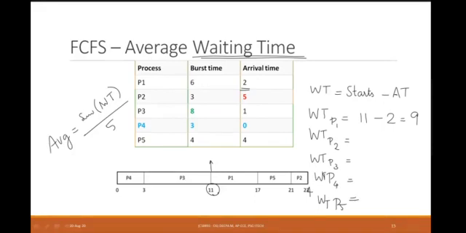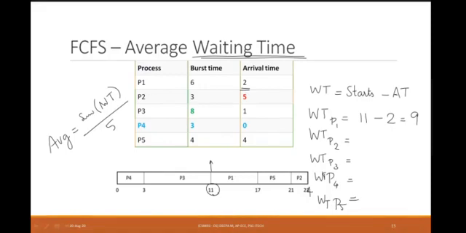Waiting time for P3. Sanjay. Yes, fast. What is waiting time for P2? You can type in. The person whom I called is not there. Please type in. Sanjay, it's 2-4. Okay, what is for P2?